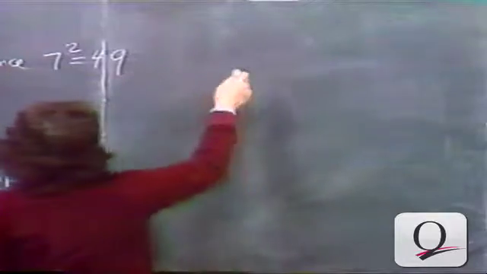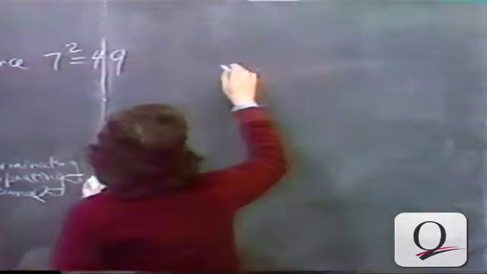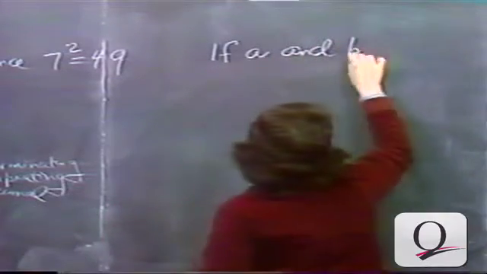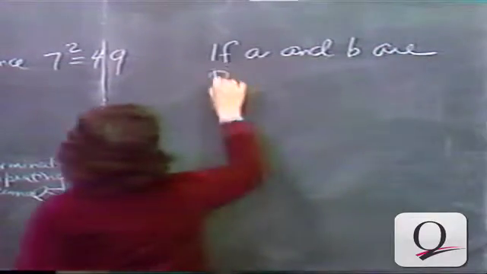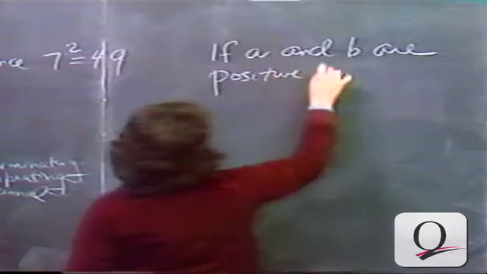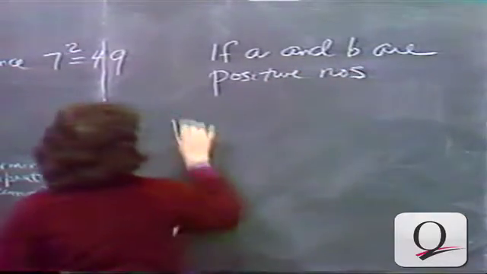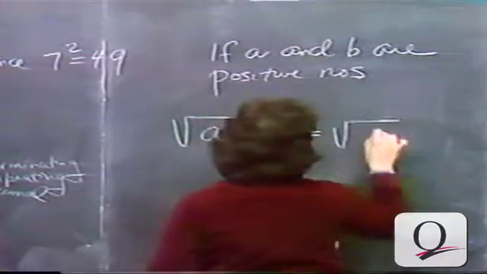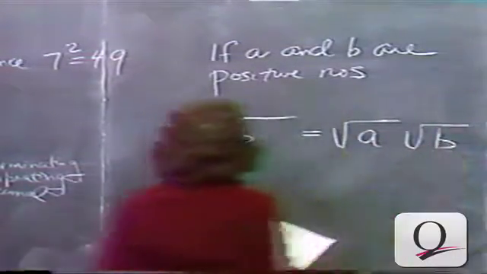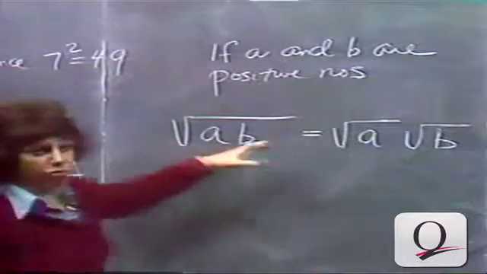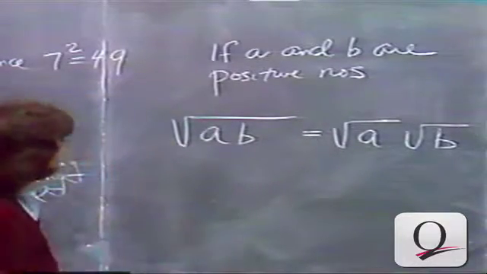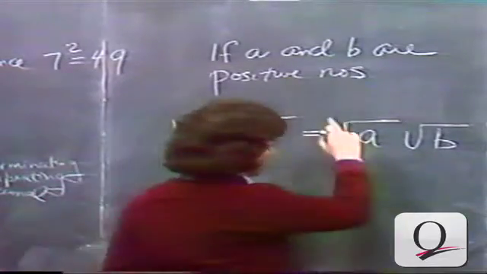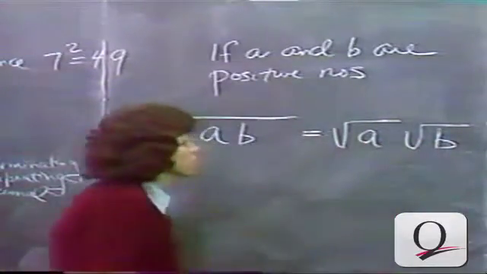Following: if a and b are positive numbers, the square root of ab is the square root of a times the square root of b. I'm talking here about the positive square root.